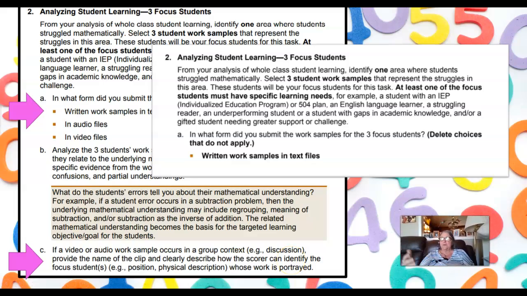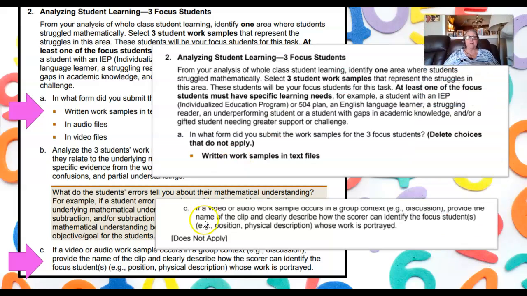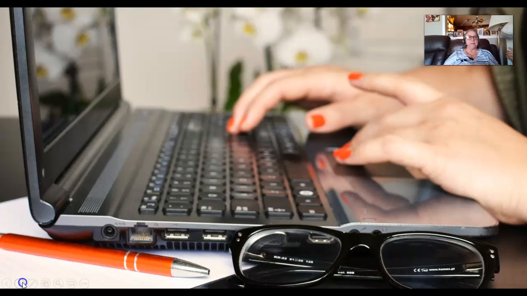So if you used a video clip for your work sample, make sure that you do that. And you can see here that if you don't have a video work sample, then this does not apply to you. You can just write does not apply. If you do, then answering the question won't be very difficult. So we're going to focus on 2B.